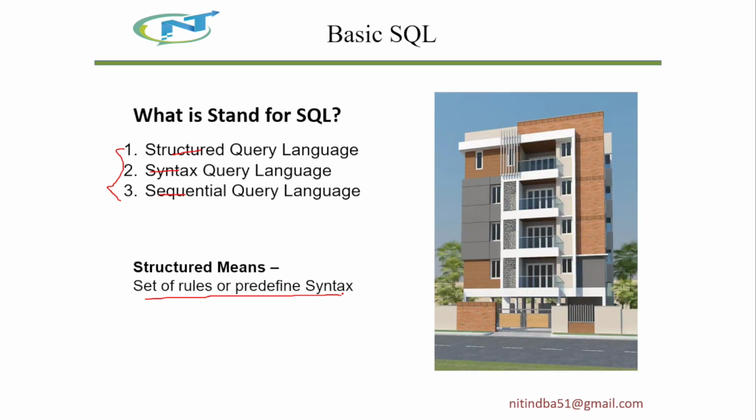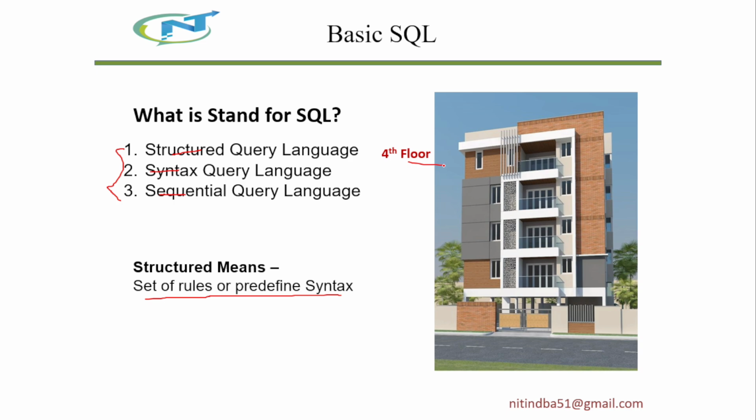Let's assume we are planning to build a house directly on the fourth floor. Is it possible? Can we construct a building directly on the fourth floor? The answer is no. Why?